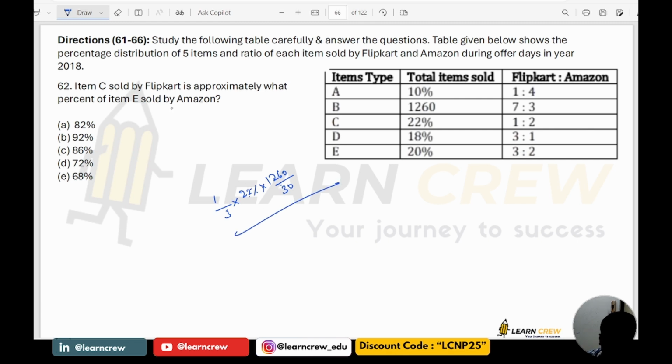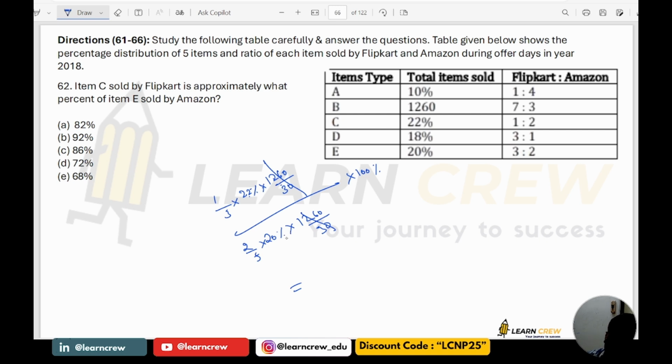This is what percentage of item E? Item E means how much here? Item E sold by Amazon is how much? 2 by 5. 2/5 of 20 percentage of 1260 by 30. Okay, this is what percentage of this. So you can cancel these two. So now what you are going to get here?